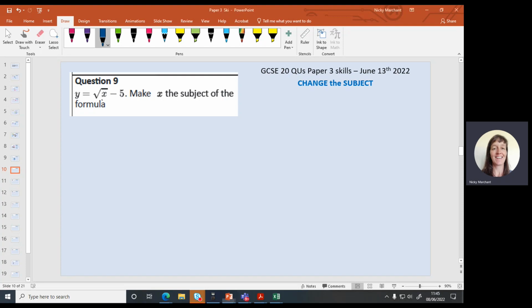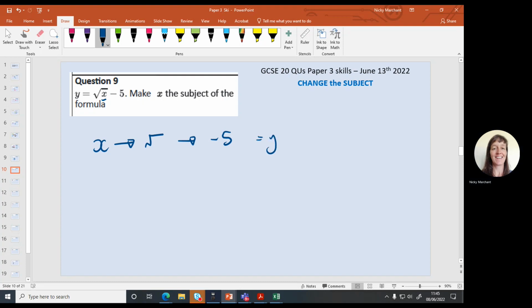If we take X, the start, the first thing that happened to X was that it was square rooted. And then the next thing to happen to X after that was it was -5. And then out came Y. To go back the other way, we're going to put Y in and use our inverses.